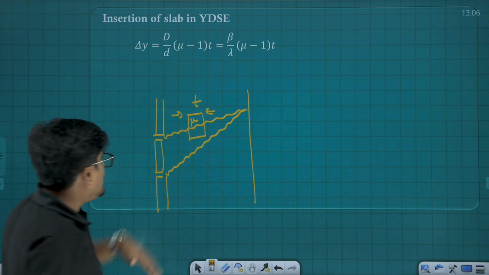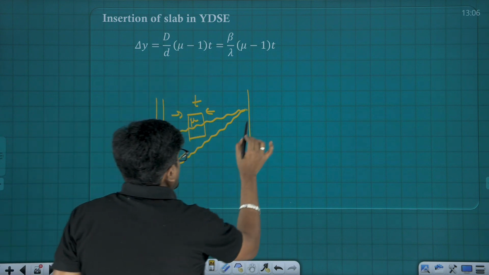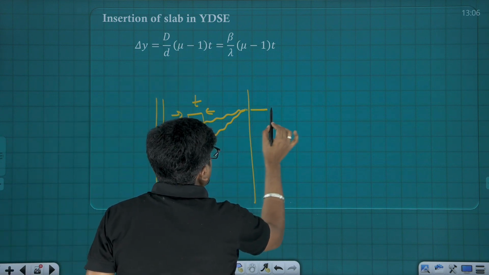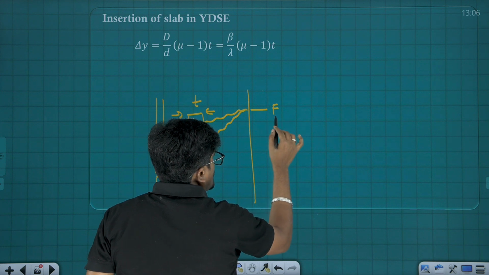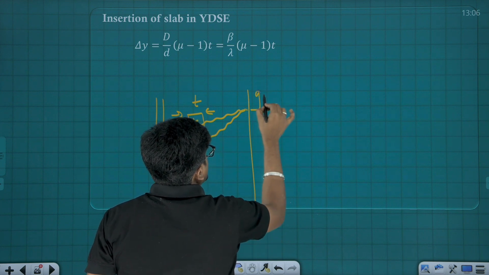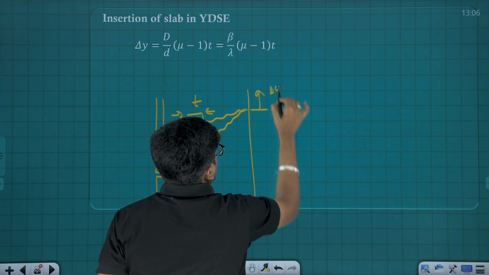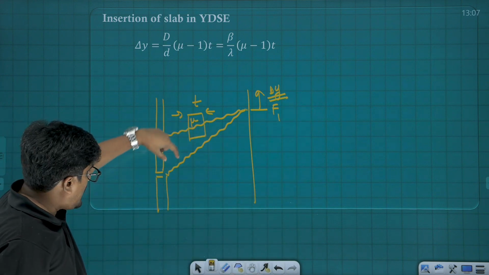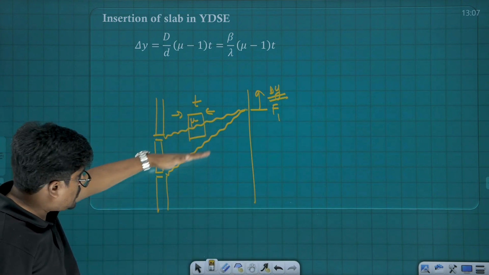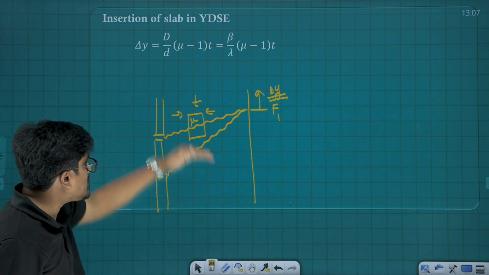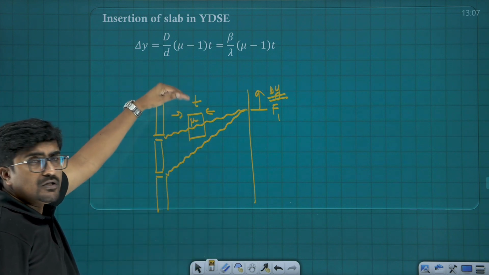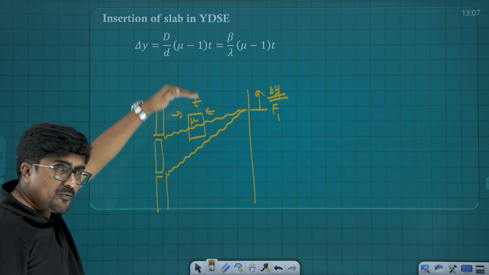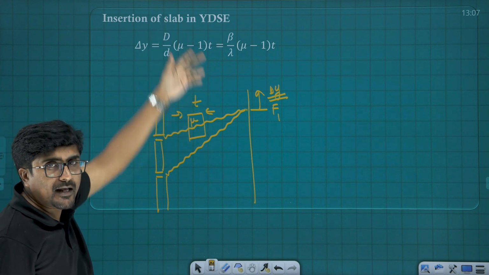If I am inserting it in the upward direction, so here what happens, earlier if this was the position of fringe, say F1, it will shift in the upward direction through a value of delta y. And if it's inserted in the downward, like for the wave coming from S2, it will shift in the downward direction, and if we put the slab in front of the slit in the upward position, it will shift in the upward direction.